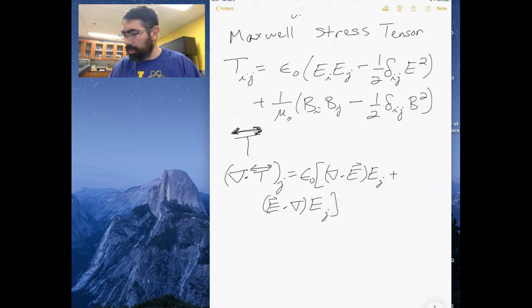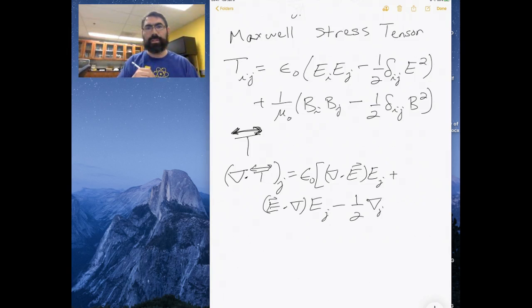Whoops. Don't close the brackets just yet. Minus 1/2 the J component of the del operator operating on E squared. Now I can close the brackets.